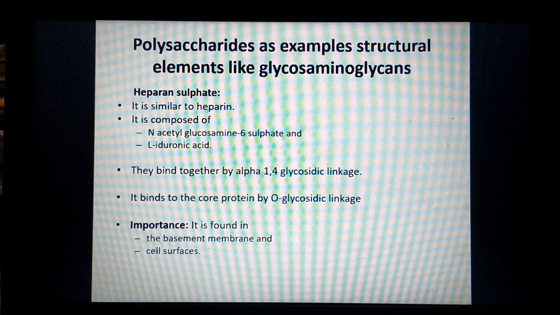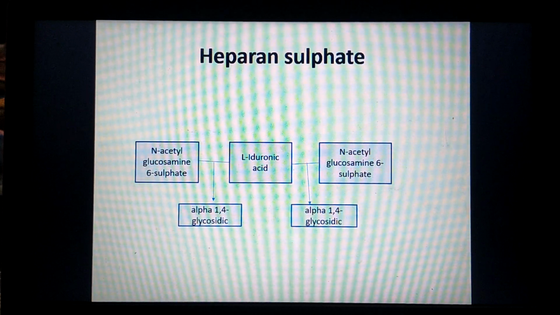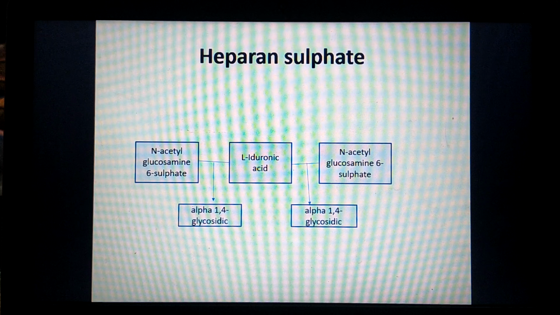The majority of the polysaccharides in our body always bind with protein to form a glycoprotein, and the linkage is either O-glycosidic linkage or N-glycosidic linkage between proteins and polysaccharides. The importance of this heparan sulfate is that it is found in the basement membrane and also on the cell surface. This is the diagrammatic representation of N-acetyl glucosamine 6 sulfate and L-iduronic acid. They are repeating many times to form heparan sulfate.